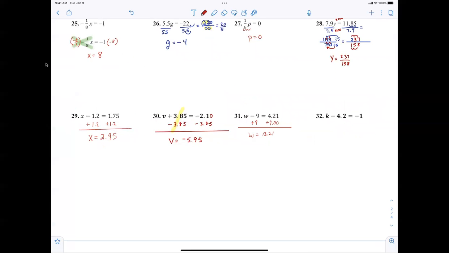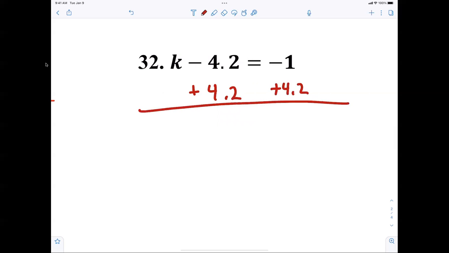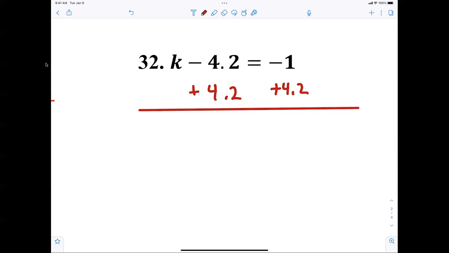All right, let's take a look at 32. Okay, I like this one. How do I get rid of a minus 4.2? You add 4.2. Add 4.2. And now when I add the 4.2, am I really adding or am I subtracting?